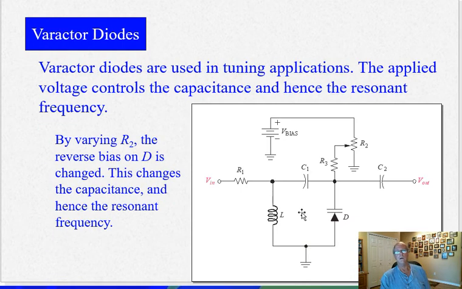Now there's a component called a voltage-controlled oscillator, which again, we get into in RF communications. These circuits with varactor diodes are used in them to create frequencies.